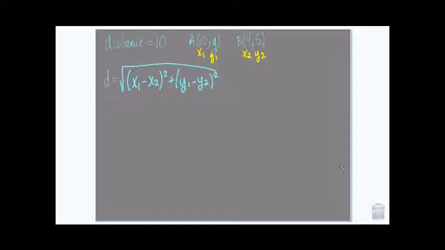So I have the distance is 10. And x1 is 10 minus x2, which is 4. And y1 is y minus y2, which is 5.